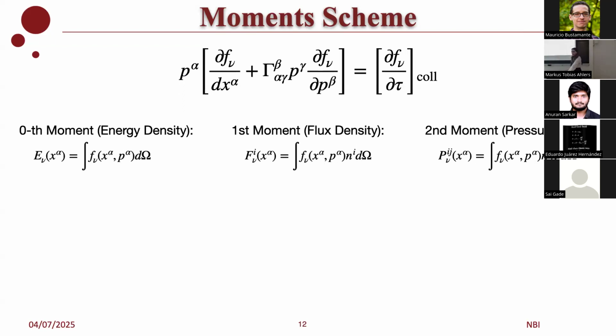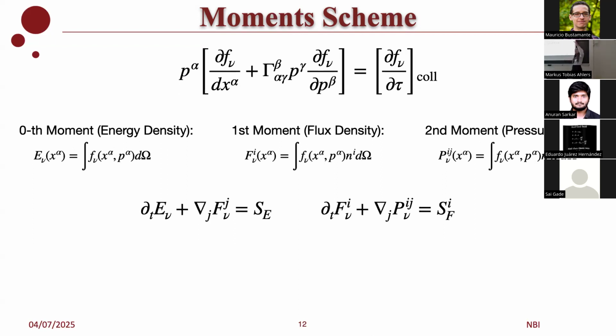And once we do that, we will get the evolution equations. From the Boltzmann equation, we get evolution equations for each of these order moments here. For example, here I'm showing you the energy density evolution equation and flux density evolution equation.